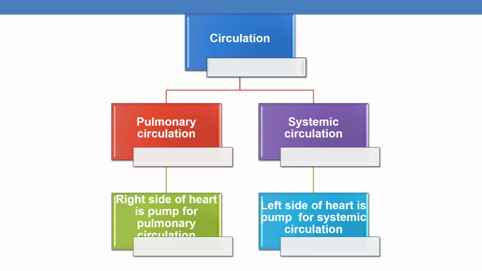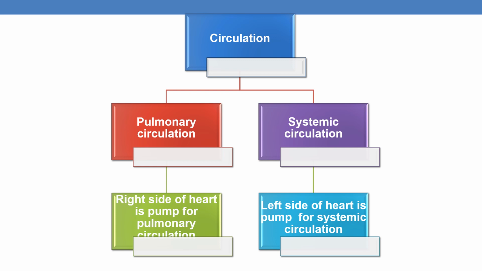Now we have discussed the coronary circulation, that is the blood supply to the heart. But the heart is also the pumping organ that supplies blood to all body parts. With the help of the heart, there are two types of circulation: pulmonary circulation and systemic circulation.